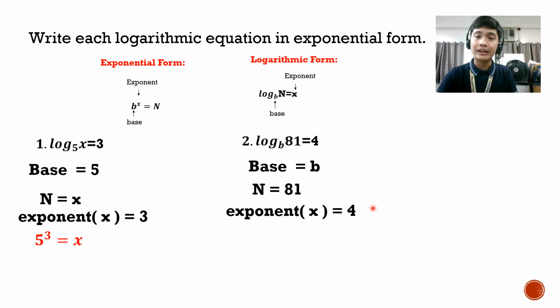Now, if we are going to relate our given base, our given n, and then our given exponent, dun sa ating exponential form, ang magiging exponential form ng ating number 2 ay b raised to 4 is equal to 81. Okay? So, yan po yung paraan kung paano mag-convert from logarithmic form going to its exponential form.